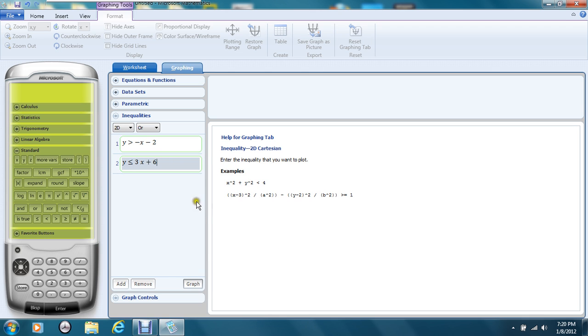Now, before I actually have these graphed using the software here, let's consider how we would graph these. They're both in slope-intercept form. On the first equation, we know that the y-intercept is -2. So on the y-axis, I would start at -2, and then we know the slope is -1.